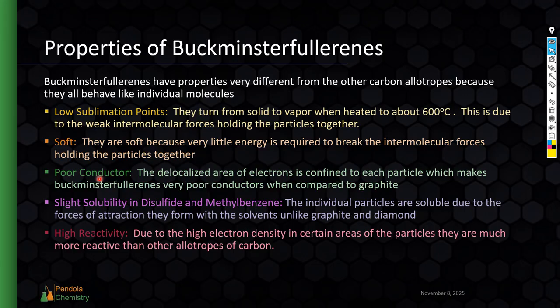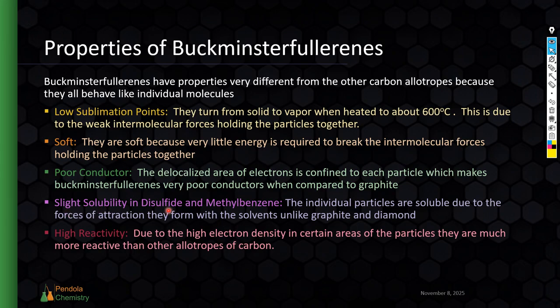They're poor conductors because even though they have the localized areas of electrons, they do not communicate with each other, that the localized area is confined to each individual little particle or sucker ball. That does, however, give them this high reactivity because the individual little sucker balls or particles are going to be very reactive because of the localized electrons giving them high electron density.